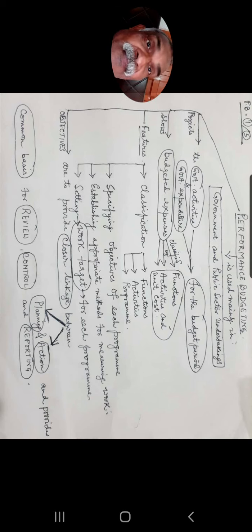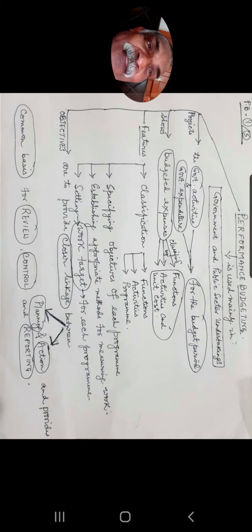Now, what is the objective of performance budget? The objective is to provide a close linkage between planning and action, and to provide a common basis for review, for control, and for reporting.